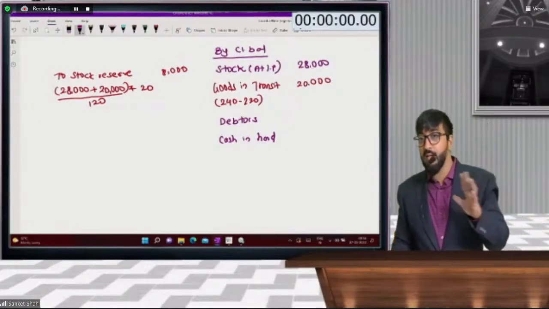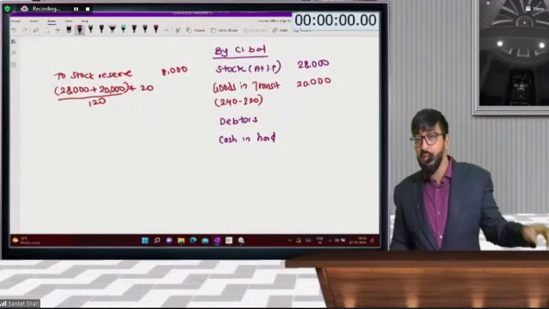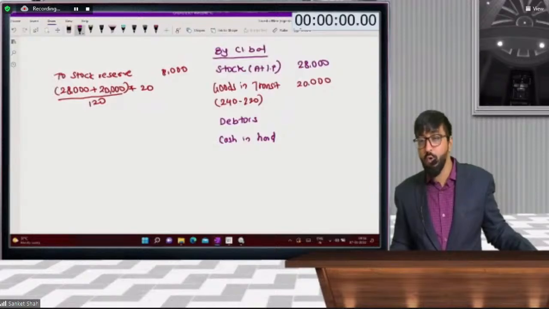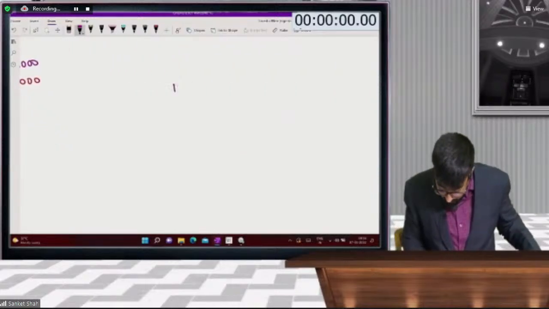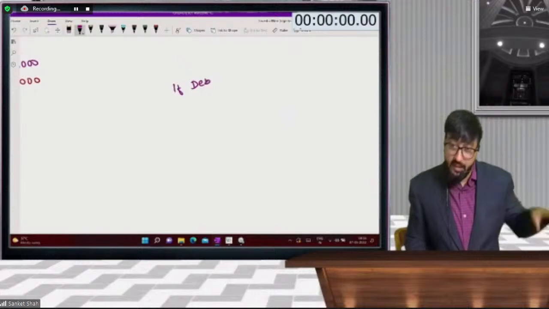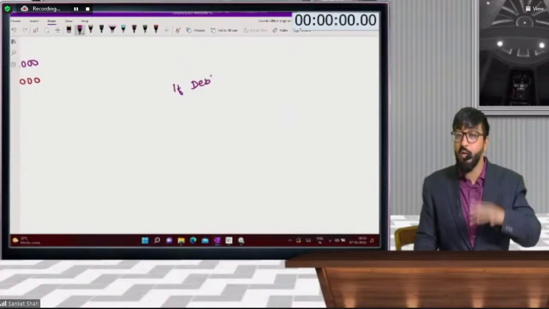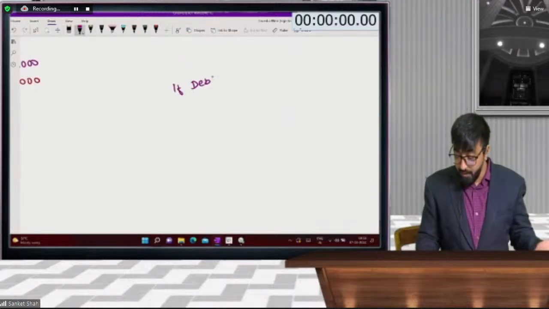You can write it in the margin, because it's very important. So when to follow the debtors method, when to follow the stock and debtors method, if nothing is mentioned.